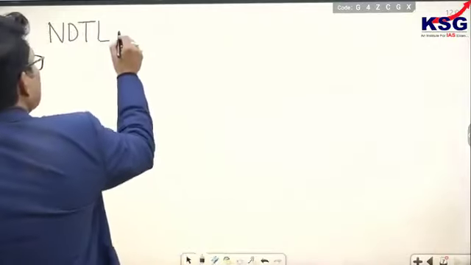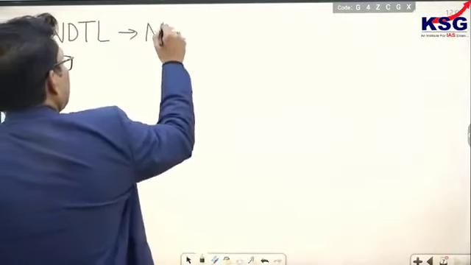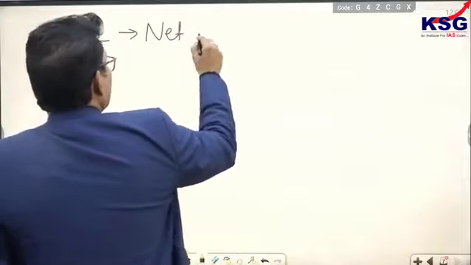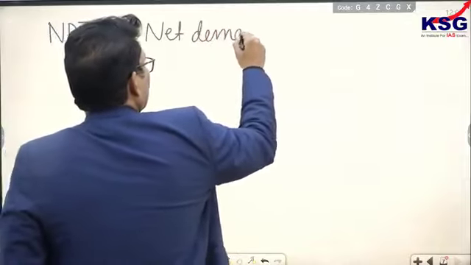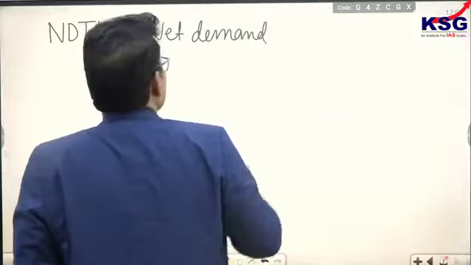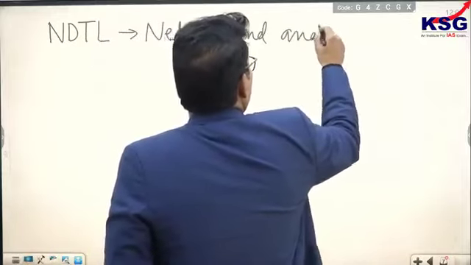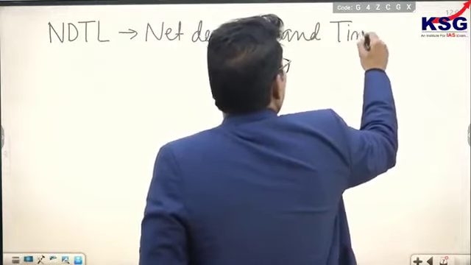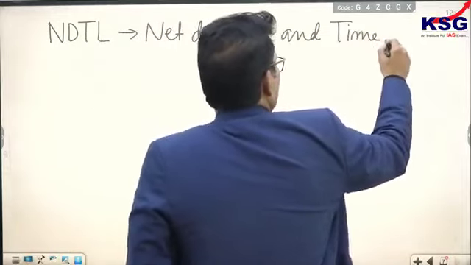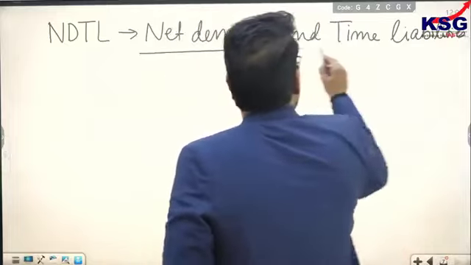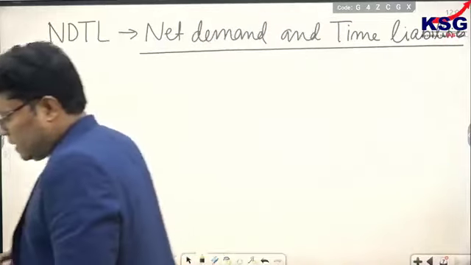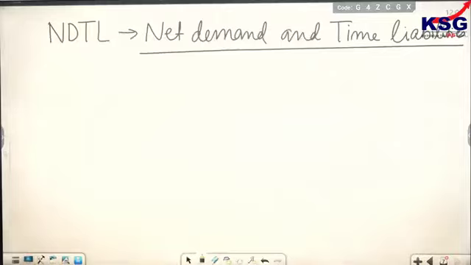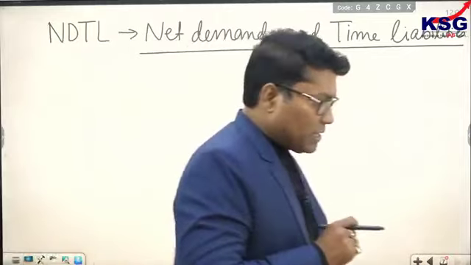So NDTL is net demand and time liabilities. Net demand and time liabilities. Clear? Now we are going to understand this concept.